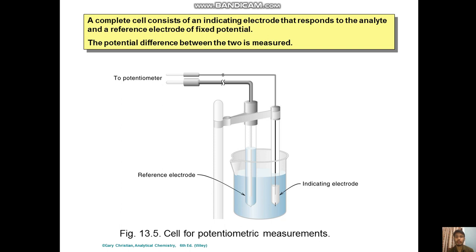A complete cell consists of an indicating electrode that responds to the analyte and a reference electrode of fixed potential, and the potential difference between the two is measured. Here you can see two inlets to the potentiometer; at the bottom right you can see the indicator electrode, and on the left side the reference electrode.